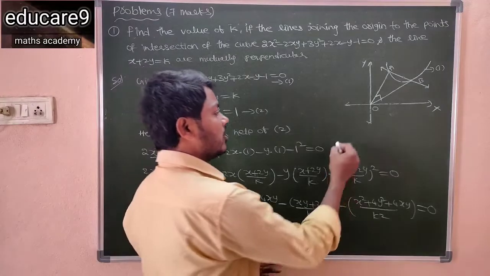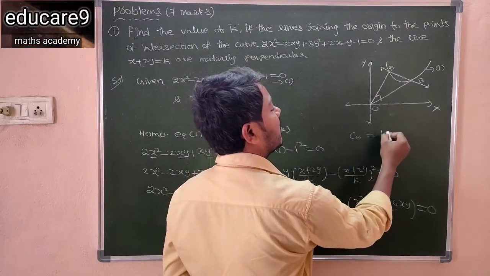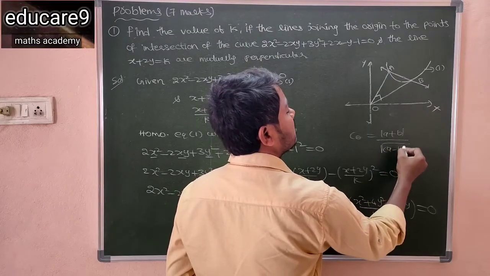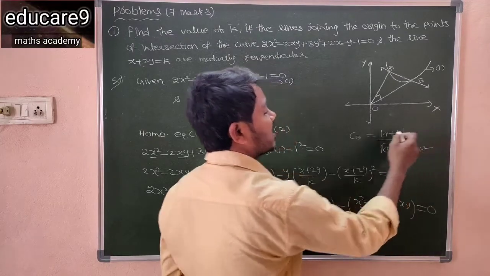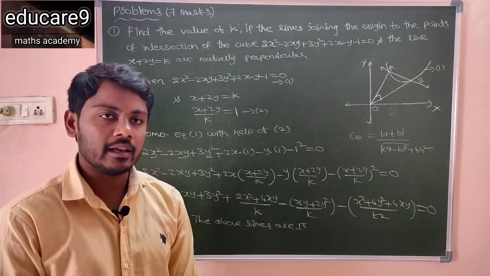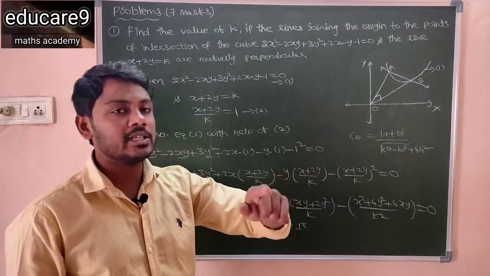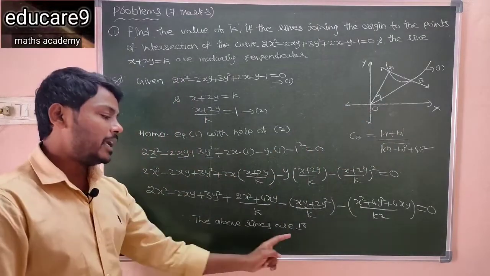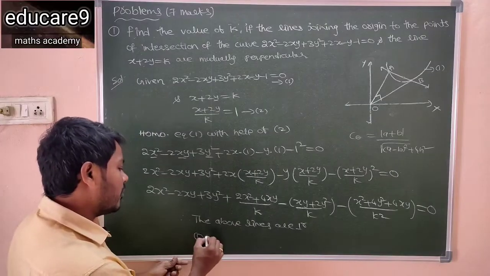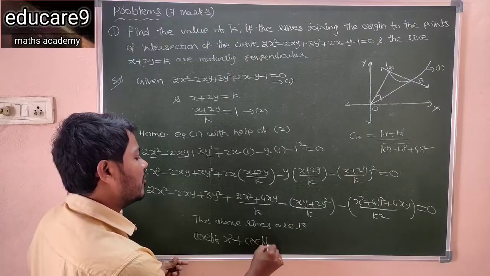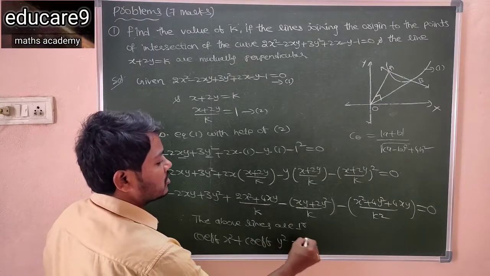You know the cos theta formula: modulus of (a + b) by square root of ((a − b)² + 4h²). If a + b is 0, then theta is 90 degrees. So a is the coefficient of x², and b is the coefficient of y². So perpendicular means coefficient of x² plus coefficient of y² is equal to 0.